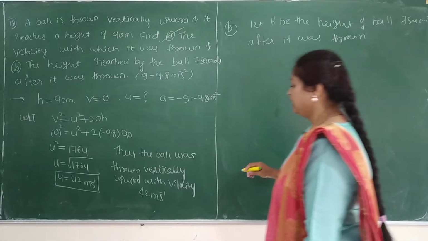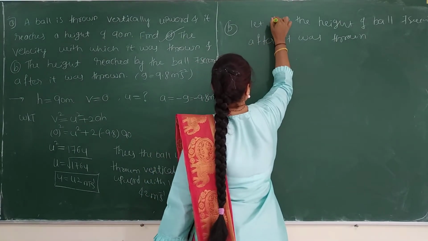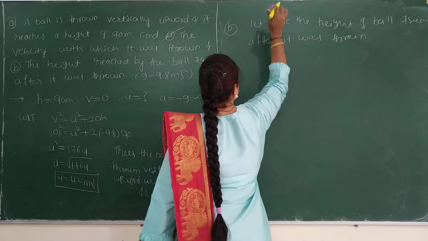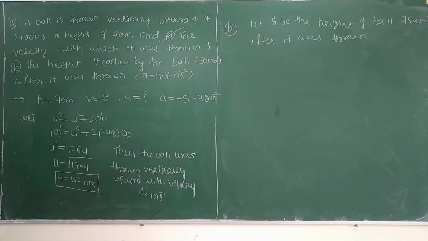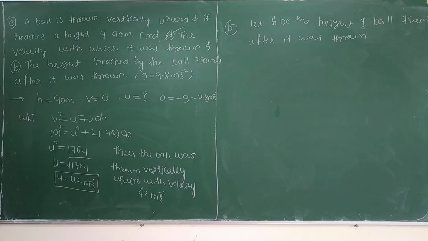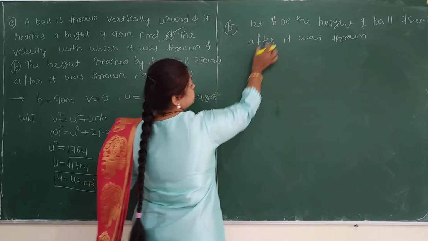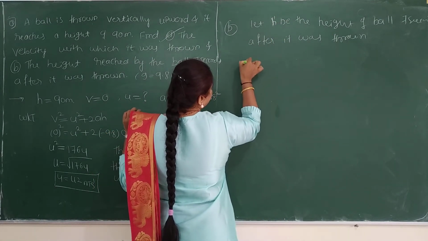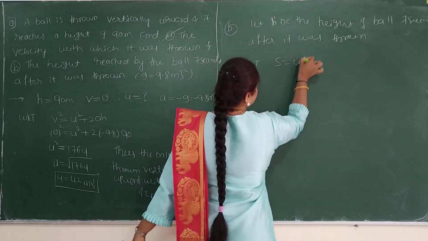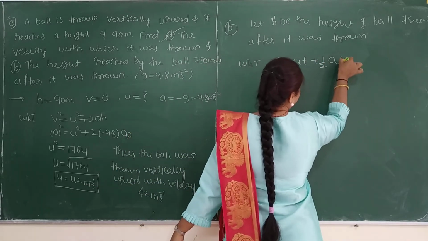Then h dash is the height of the ball. Instead of s, can you consider h dash? Again we know that formula, s equals ut plus half at square.